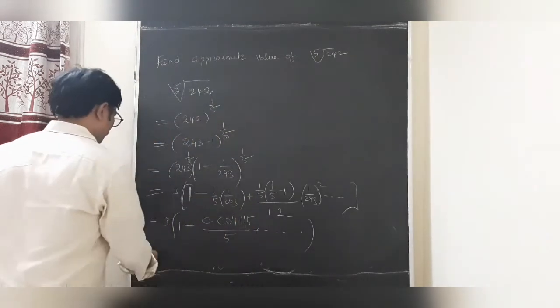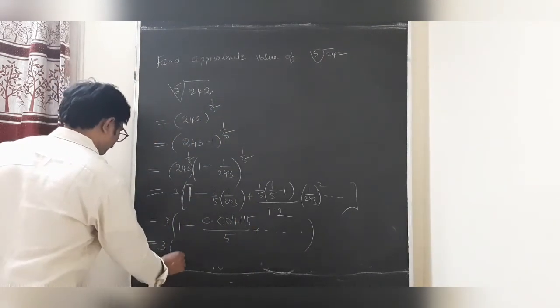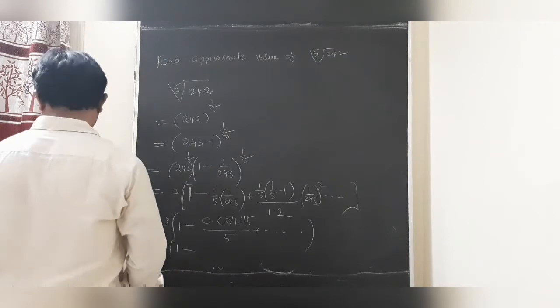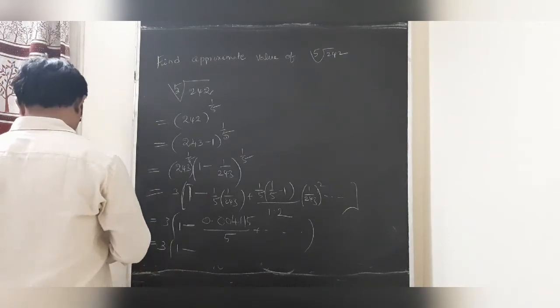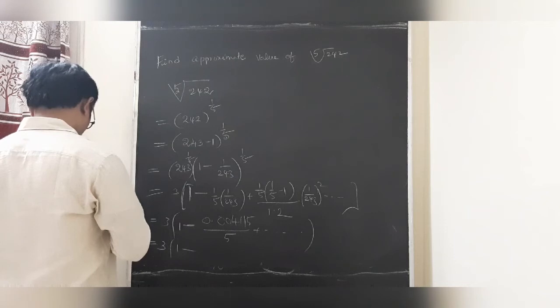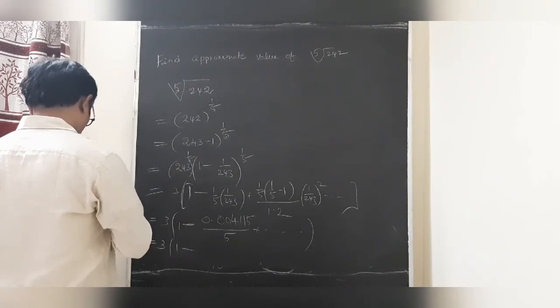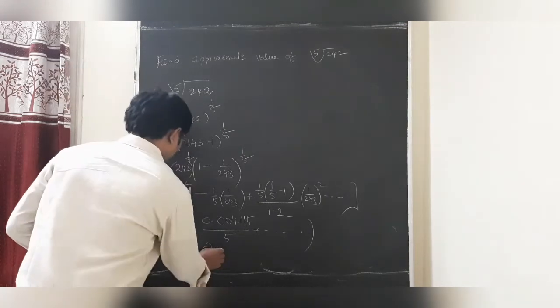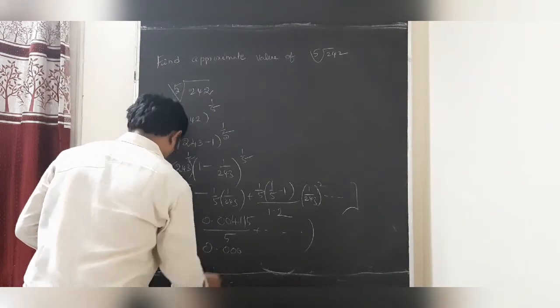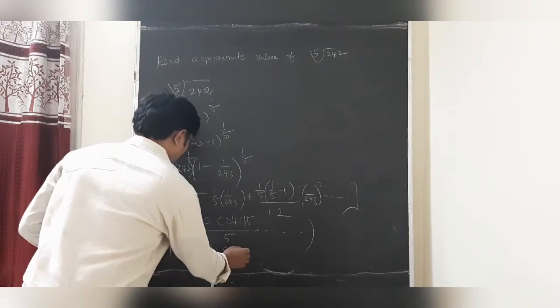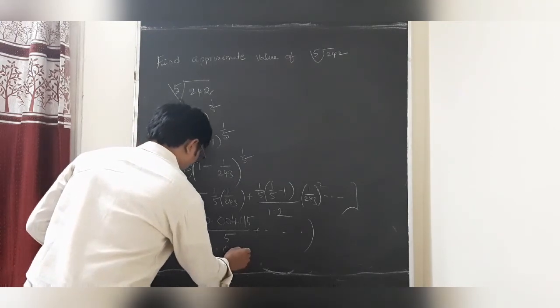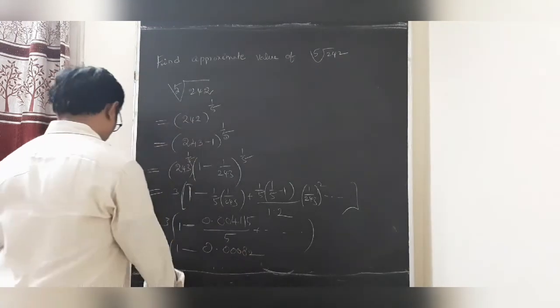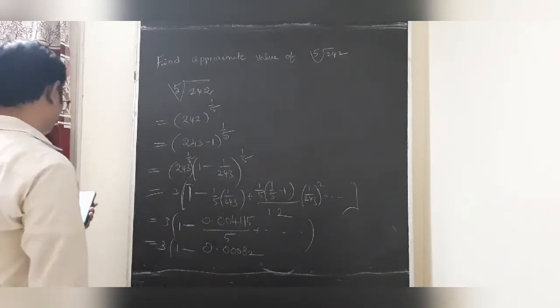Okay students, right now the 3 into 1 minus half. Dear students, 1 minus half is 0.0000082, 823.